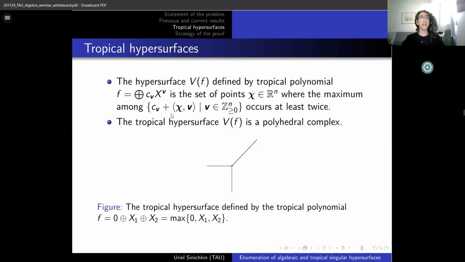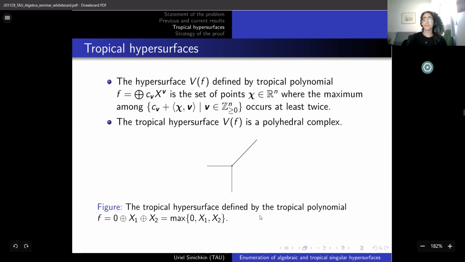Let's see an example. A tropical line is a tropical hypersurface defined by a linear polynomial. For example, the linear polynomial 0 tropical addition x1 tropical addition x2, which is the maximum of 0, x1, and x2. And we look where this attains the max, where at least two terms attain the maximum.